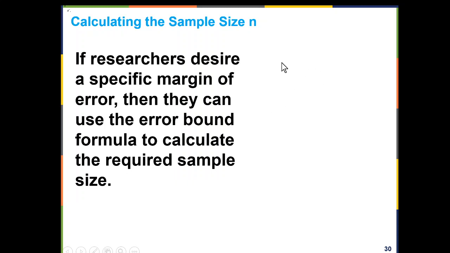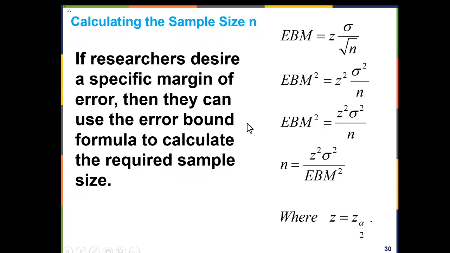Now, what if you want to do a study and you don't know what n is supposed to be, which is the sample size? Well, we know that the error here, just think of this as just one number, right? If the error equals z times sigma over square root of n, then we can isolate n with a little algebra.